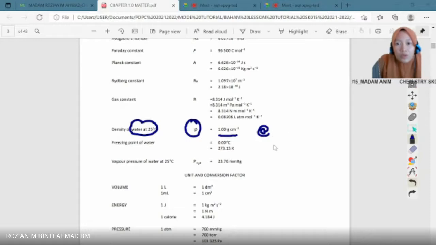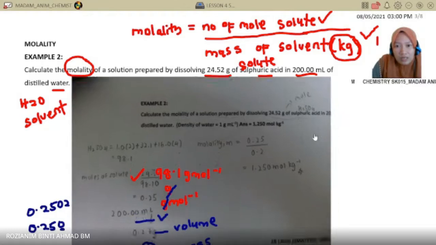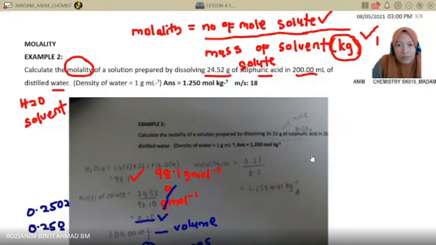We can also write the density of water as 1.00 gram per ml. As I stated before, the unit ml is equivalent to cm cube, while liter is dm cube. Therefore, we need to use the value of the density of water when we want to convert the unit of ml into kilogram. So what happened in this area? We need to add a little. So density, wait.